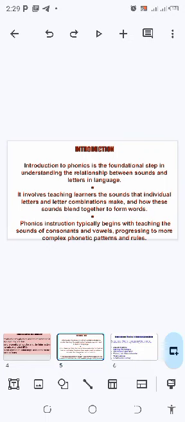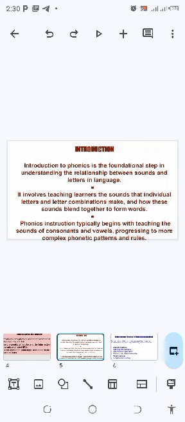It involves teaching learners the sounds that individual letters make. This letter is pronounced using this sound. This letter makes this sound. Letter A, sound A. Letter P, sound P. Letter T, sound T. So a letter must have a sound for us to be able to pronounce it, so that it will leave the level of being just an ordinary code that has been written.